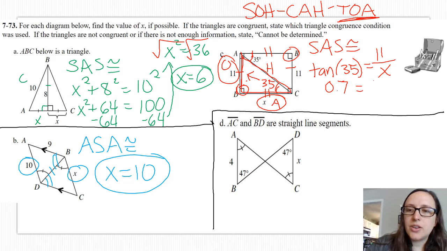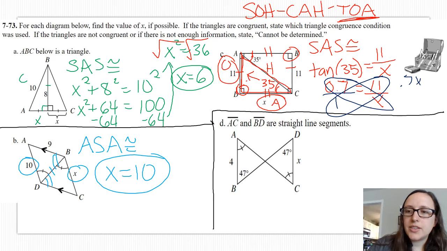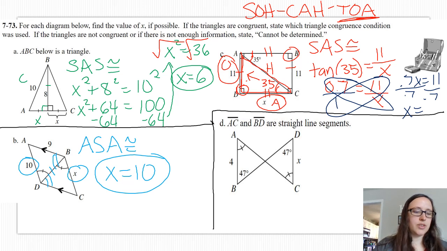After that, our next step is cross multiplying. So I'm going to put this over 1 and cross multiply these numbers. So this is 0.7x equals 11. Divide 0.7 on both sides. And we would get x equals, let me put this in my calculator real quick, 11 divided by 0.7 is about 15.7.